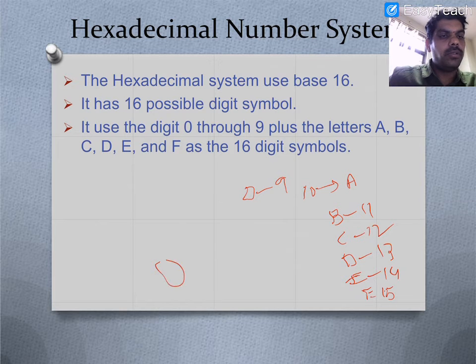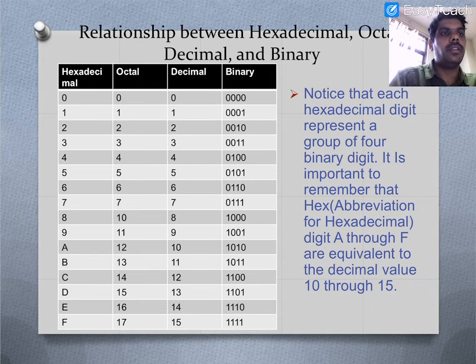So total 0 to 15 in hexadecimal, and here we are going to use A to F, right? So this is the hexadecimal representation. These are the hexadecimal numbers, these are the octal numbers, these are the decimal numbers, these are the binary numbers. Hexa means 16.